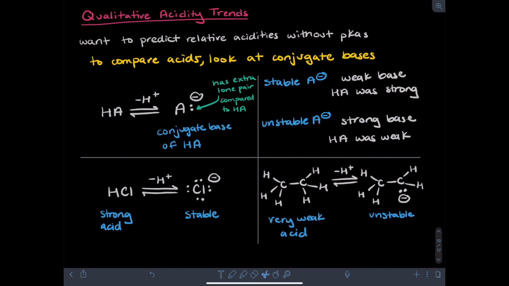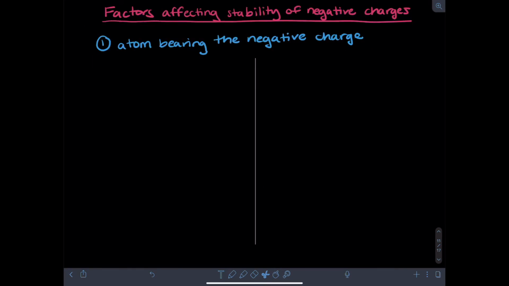C2H6 is a very weak acid, which means that it forms a very strong and unstable conjugate base. We're going to consider 4 different factors that affect how stable a conjugate base is. The first of these is considering the atom that has the negative charge.